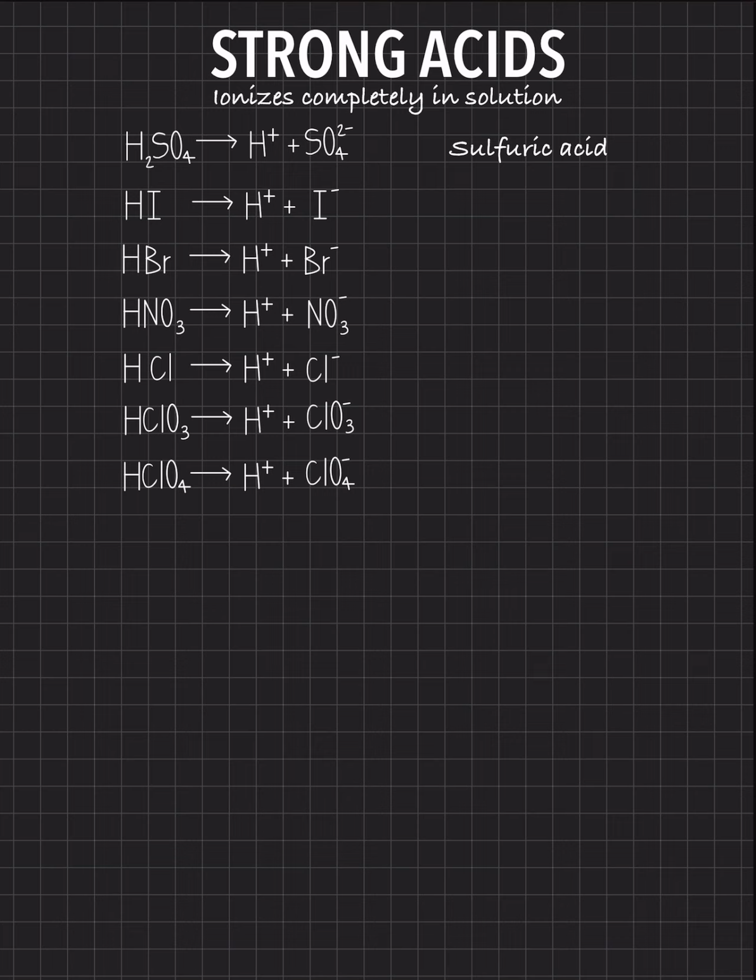Now for HI, HBr, and HCl, all of those go with hydro. You're not going to put hydroiodine, it's going to be hydroiodic acid. Again, you're not going to put hydrobromine acid, it's going to be hydrobromic acid.